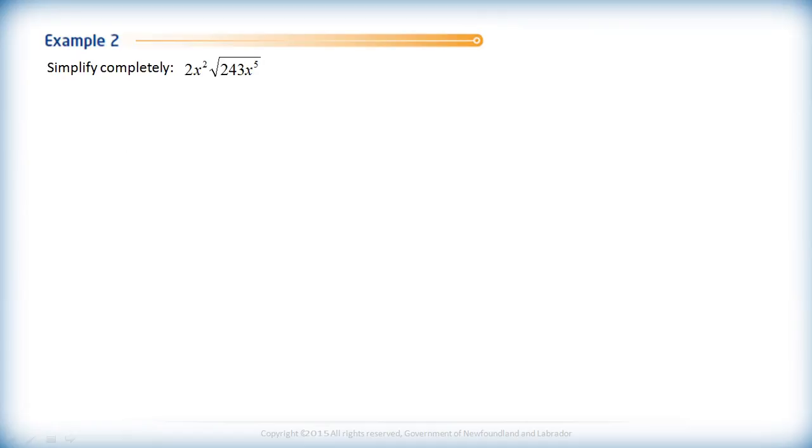Simplify completely. So here we've got 2x squared times square root, and we're going to split them up, 243, and square root of x to the power of 5. Okay, so the 2x squared we're going to leave alone. 243, let's see, a perfect square factor of that, you can try all day, doesn't divide by 2.